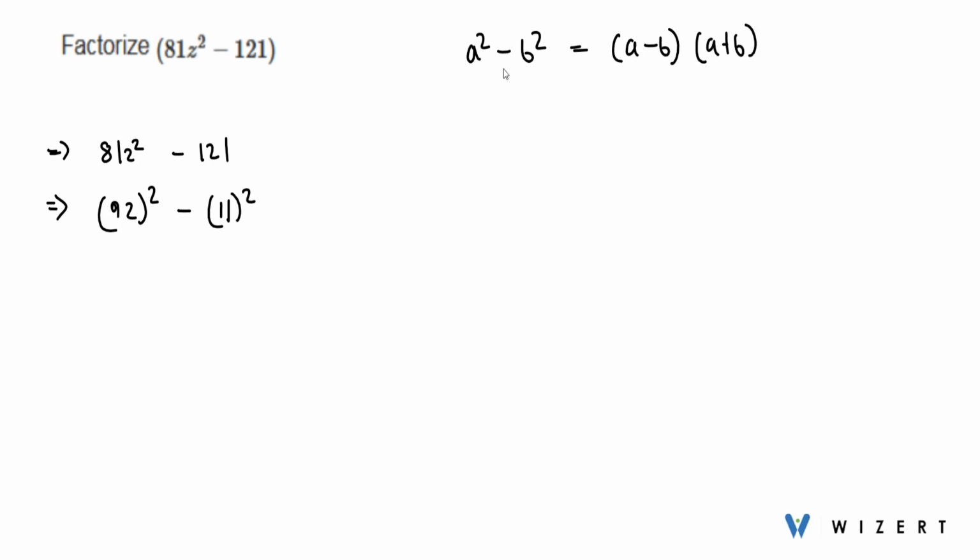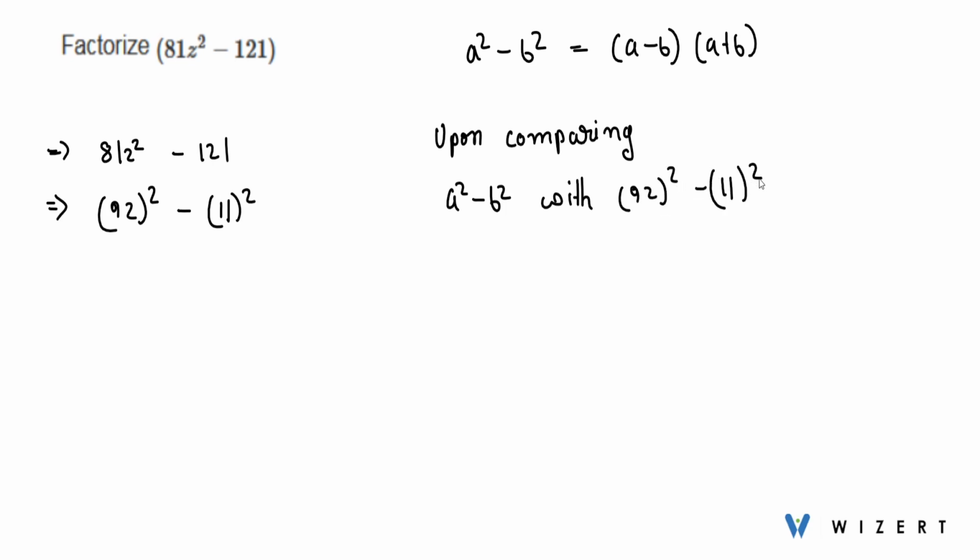Now if you compare a square minus b square with (9z) whole square minus 11 square, upon comparing we get a equals 9z and b equals 11.